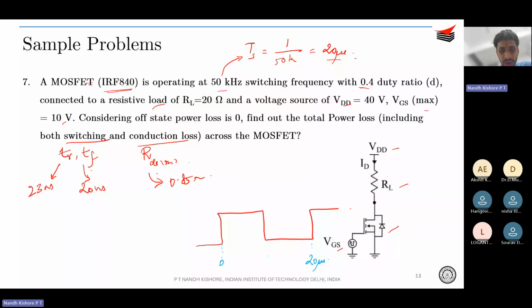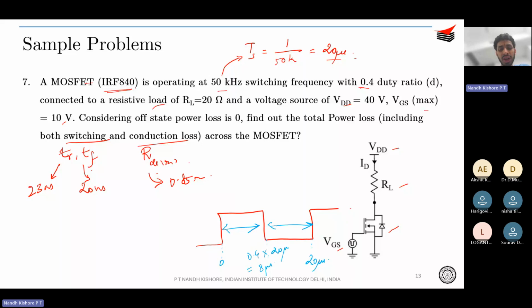Sorry, so this will be 0.4 into 20 micro, which is 20 into 4 by 10, or 8 microsecond. So this is totally 8 microsecond and this will be the rest 12 microsecond. This is how your VGS looks.